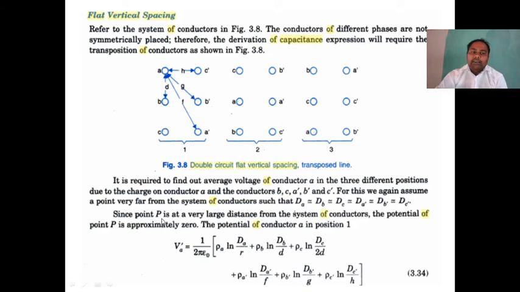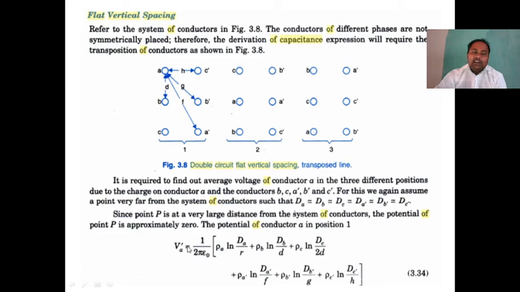Since point P is at a very large distance from the system of conductors, the potential of point P is approximately 0. Now the potential of conductor A in position 1. So we are finding VA dash, meaning conductor A in the first position.